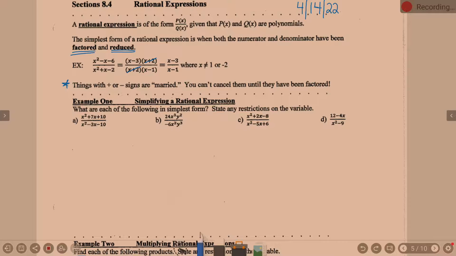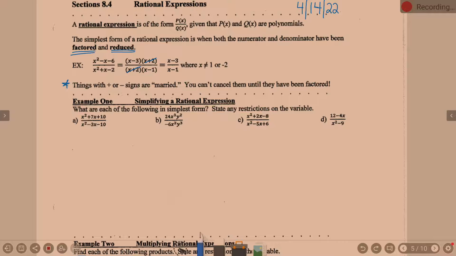The common mistake, let's get it out of the system now, is to say, oh, x squared cancels with x squared. X cancels with x. I have 6 over 2, that's 3, I'm done. No, we have to factor. These pieces, this x squared minus x minus 6, they're married together because they're added and subtracted. We can only cancel terms or factors that are multiplied by other factors.